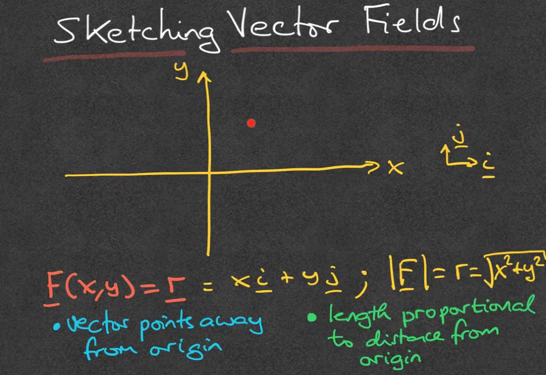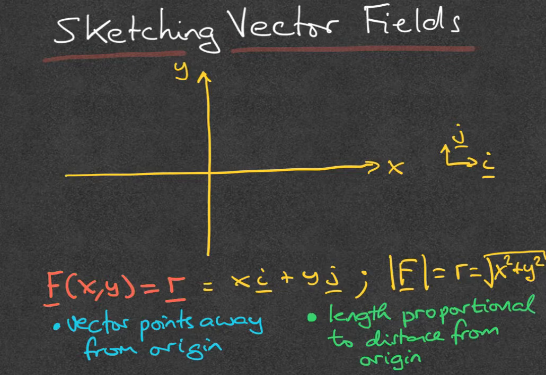So if we've got 2 points that lie on a circle of a given radius, that radius would be r, then the magnitude of the vector is the same at both of those points, or indeed any point on a given circle centered at the origin, and that means that those vectors, although they're pointing in different directions, all pointing away from the origin, they will all have the same size.